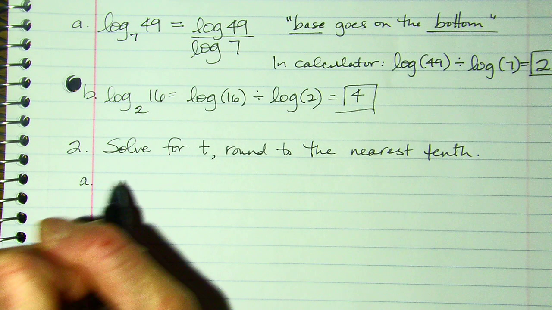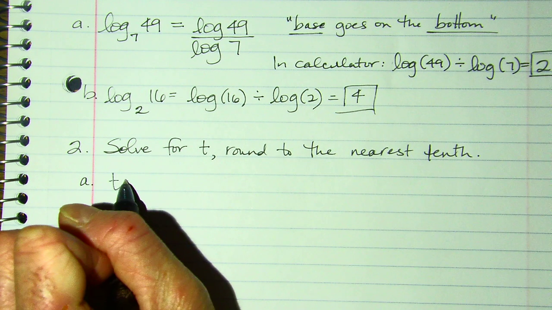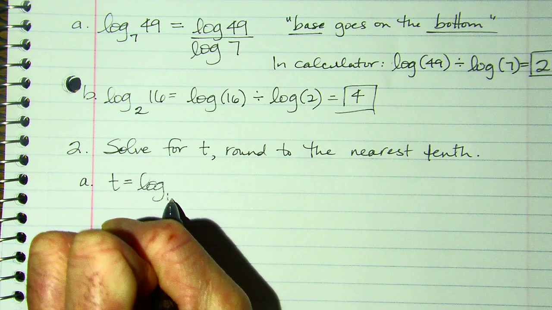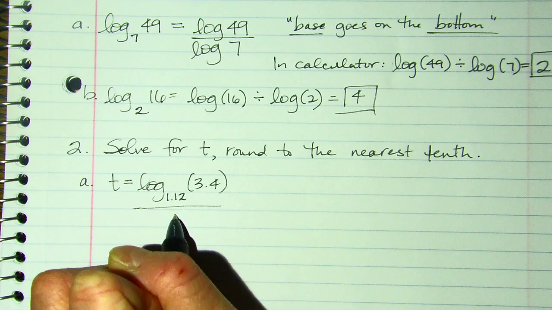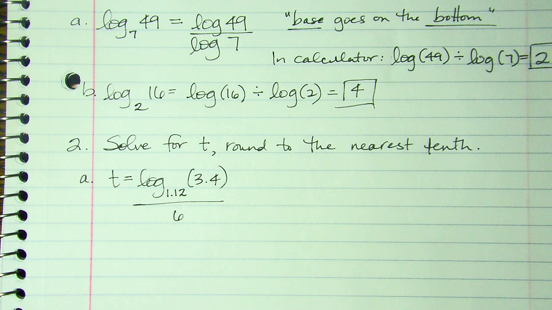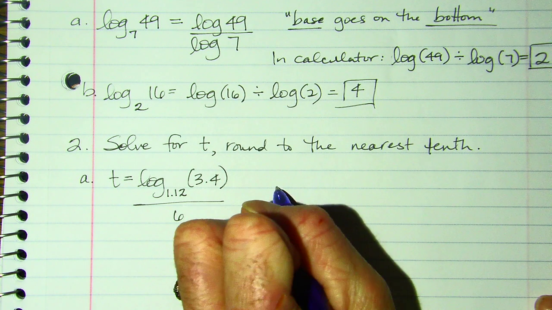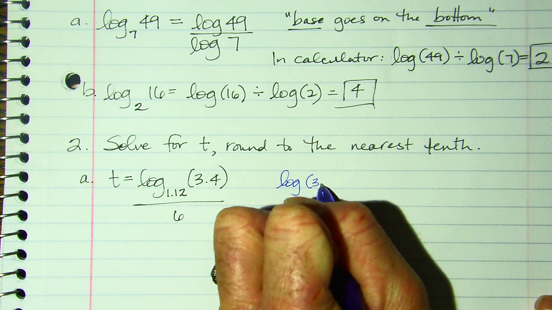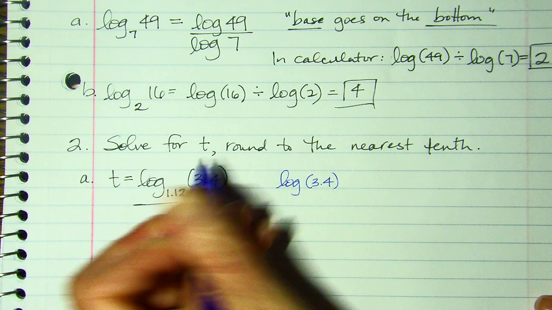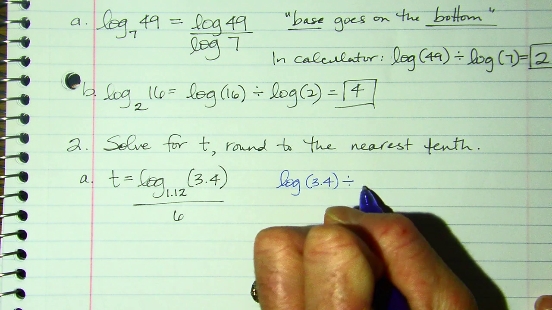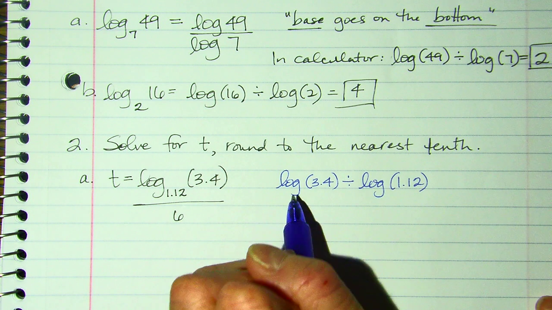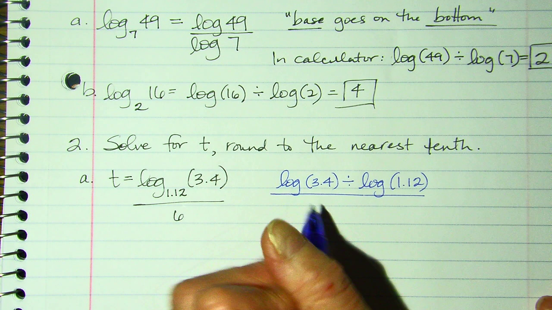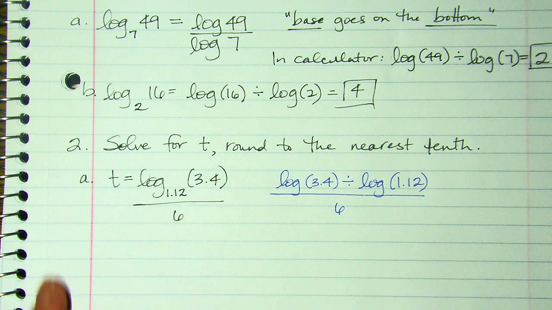So part A, if I have t equals the log base 1.12 of 3.4 all over 6. So let's go over how to enter this in your calculator. So the way I'm going to enter the top is log of 3.4. It's log of your answer divided by the base goes last, log of 1.12. So enter that first, and then when you're done, you'll divide that all by 6.